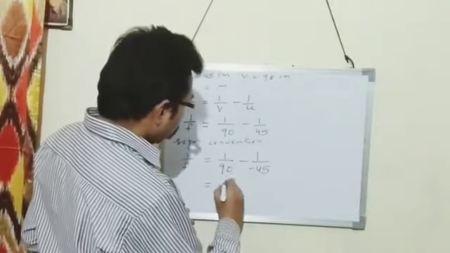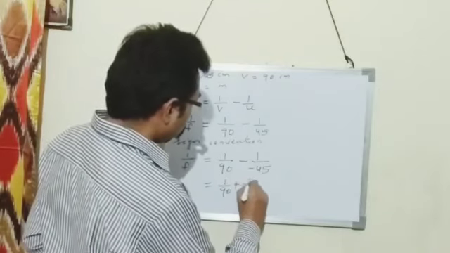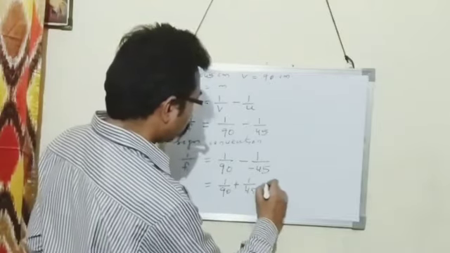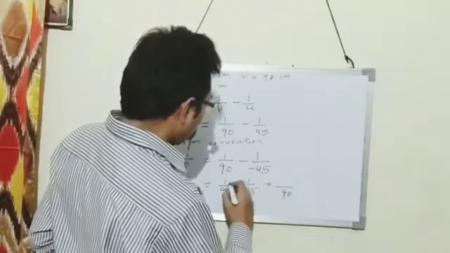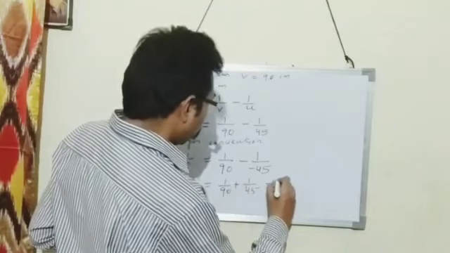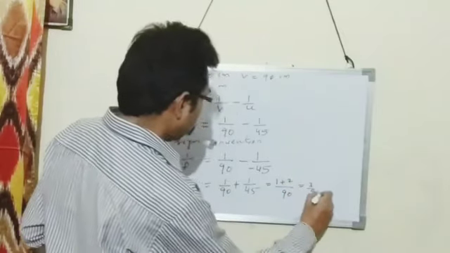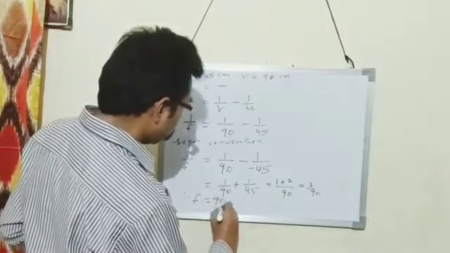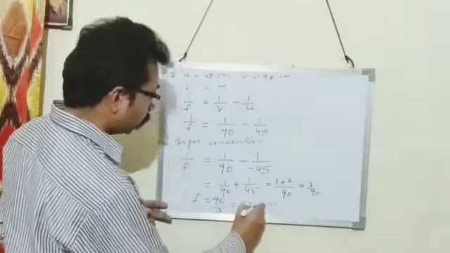So 1 by 90 minus minus is plus 1 by 45. Taking the LCM, the LCM is 90. 1 plus 2, 3 by 90. Therefore, f is equal to 90 upon 3, which is equal to 30 centimeter. Focal length is 30 centimeter.